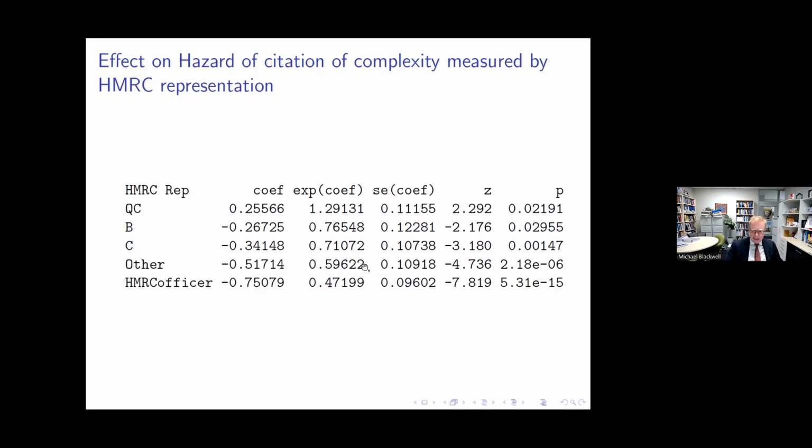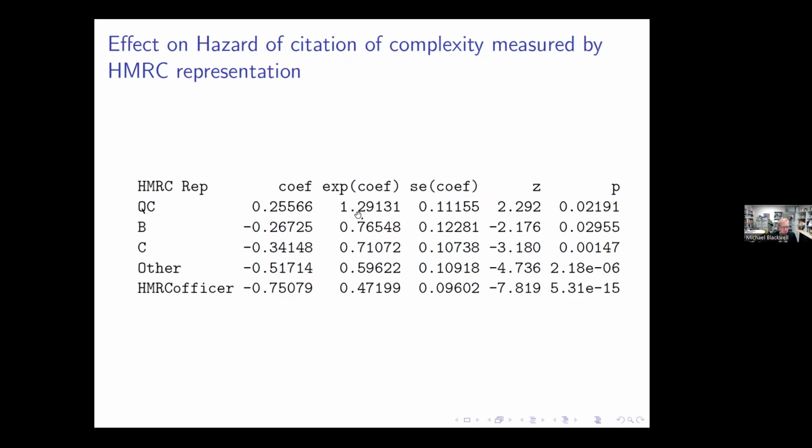It's these numbers that were important. And you see here, this tells us whether it increases or decreases the hazard, this exponential of the coefficient. So it increases the hazard and multiplies it by 1.29 if a Queen's Counsel is used. If the A category is used, that's the reference category, and that's 1.